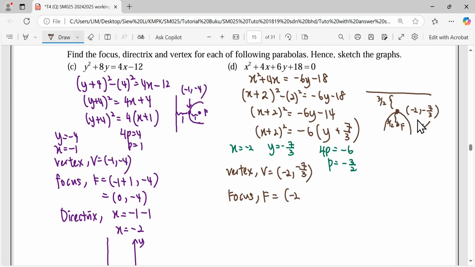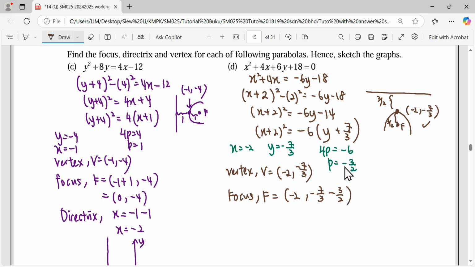When moving downward, the y coordinate will be operated on. Moving up and down involves the y coordinate. If you're moving left or right, your x coordinate will be operated on with the value. So going down, negative 7 over 3 needs to minus 3 over 2. Be careful here, I just take the value.